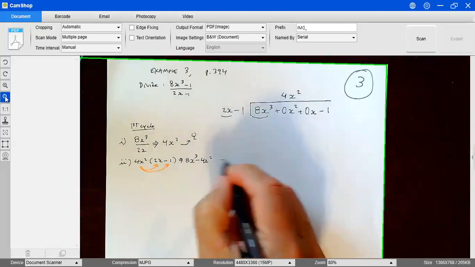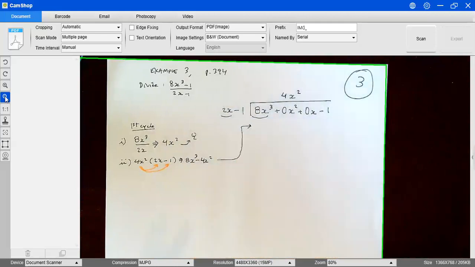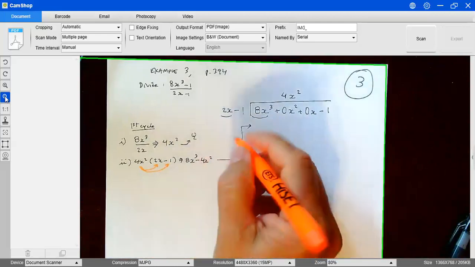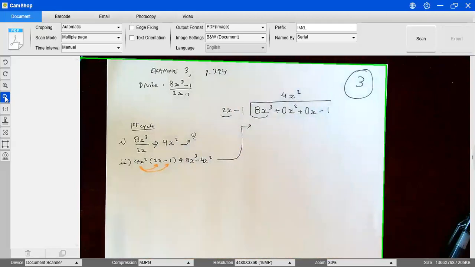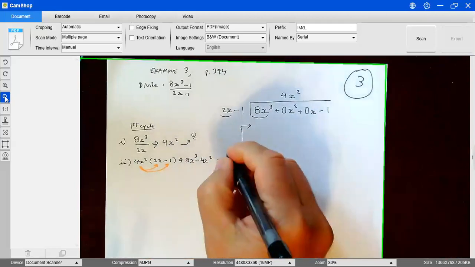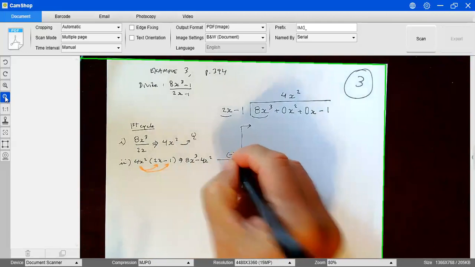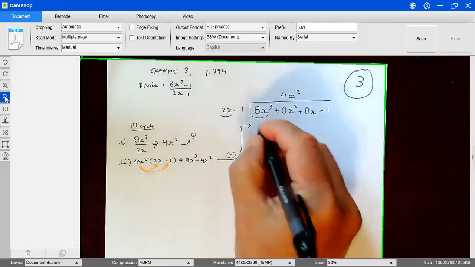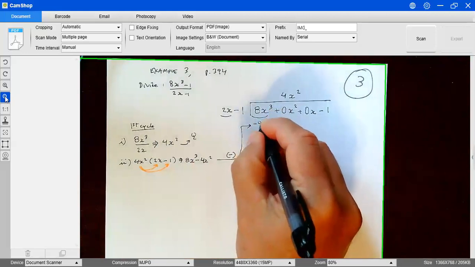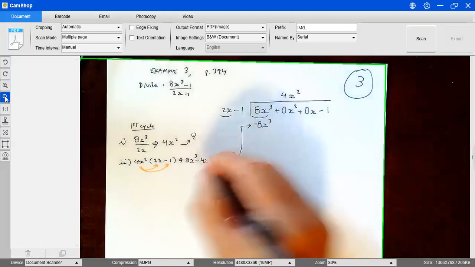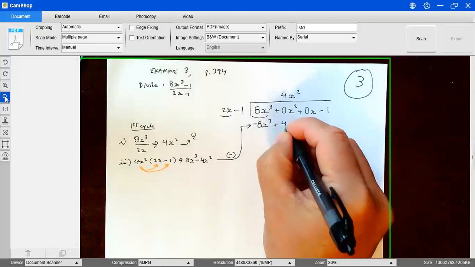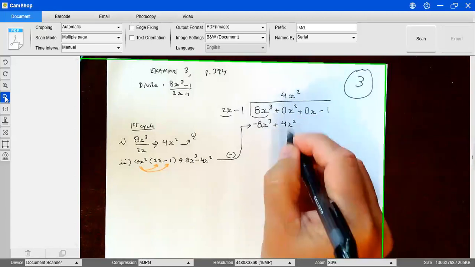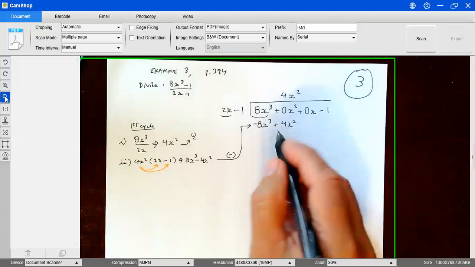Then we're going to write this here with opposite sign. So we need to switch the sign. So this is like multiplying by negative 1. So this is going to be negative 8x cubed and positive 4x squared. Another reason to see why we need 0x squared here.